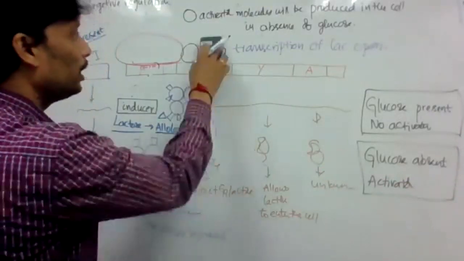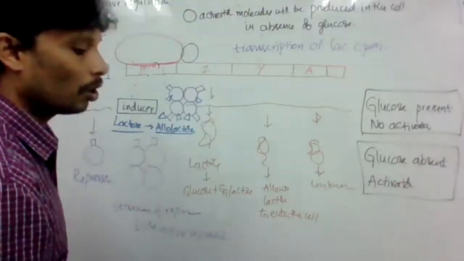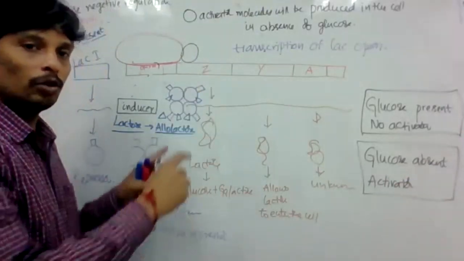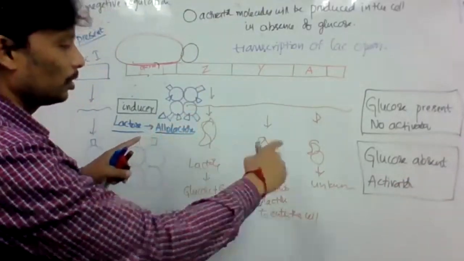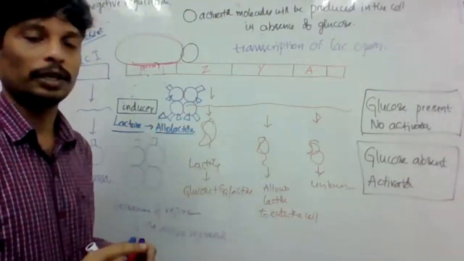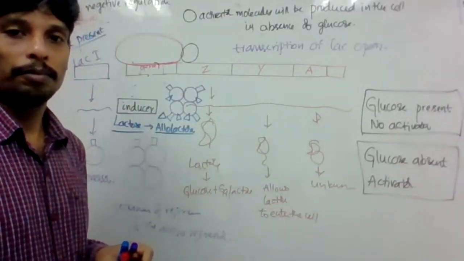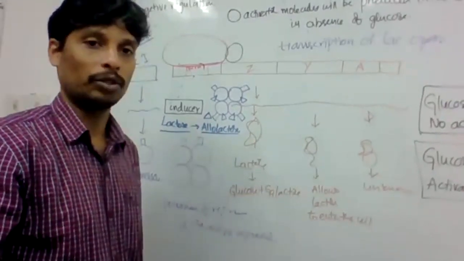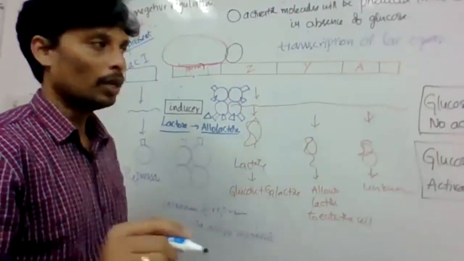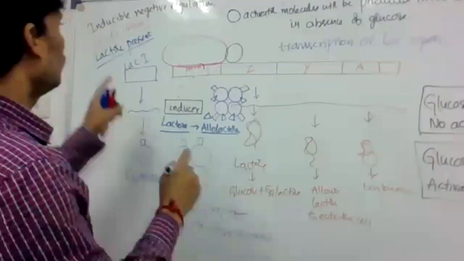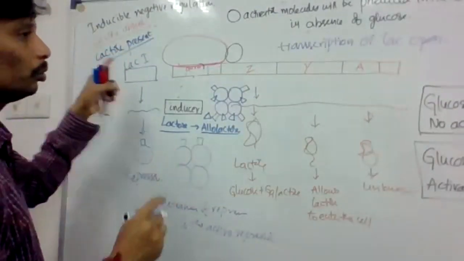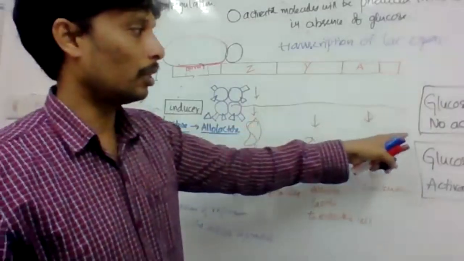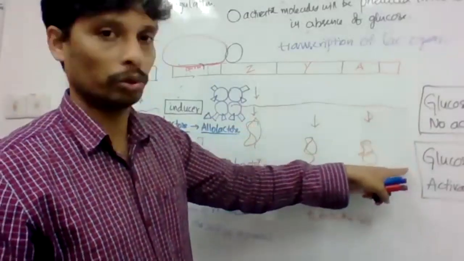Thus it will initiate transcription of the lac operon and synthesize the proteins needed for the catabolism and utilization of lactose as an energy source. So that is what you need to understand: the presence or absence of lactose and the presence or absence of glucose.